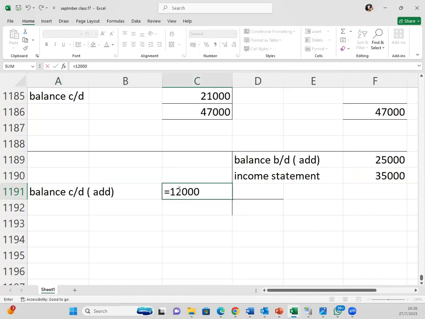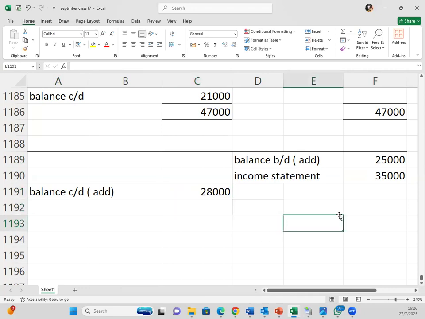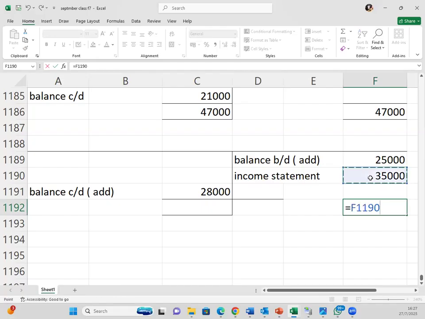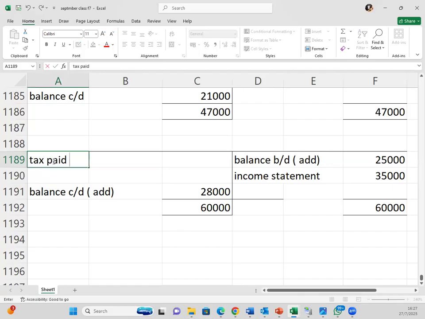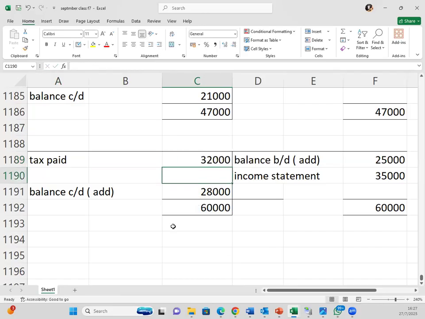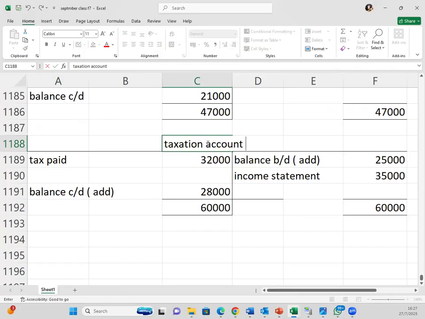Let's say 12,000 plus 16,000. We then add up that. So that would be the tax paid.